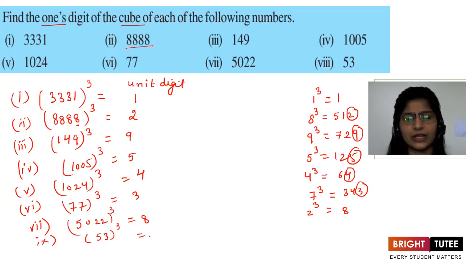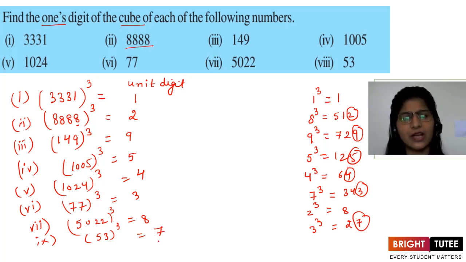Cube of 53. Do the cube of 3. 3 3s are 9, 9 3s are 27. Right? What is the unit digit? 7. So the unit digit in the cube of this number would be 7. So without actually solving and doing other calculations, we have done a simple calculation of the unit digit. We have found the cube of the unit digit, and that will be the same unit digit in the cube of that number. Clear?